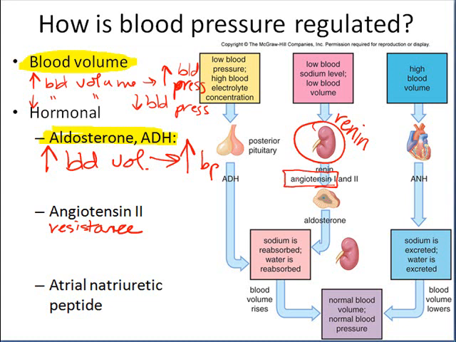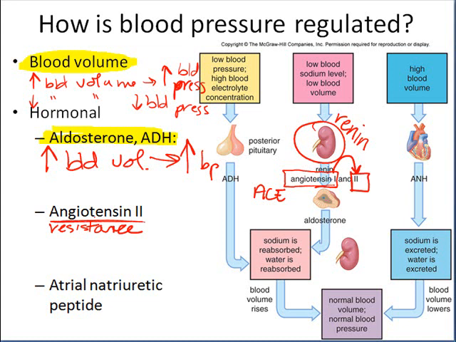That angiotensin I in the blood then circulates to the lungs, and there's a converting enzyme in the lungs called angiotensin converting enzyme, ACE, which converts angiotensin I to its final active form, angiotensin II. Angiotensin II then has the ability to stimulate constriction.